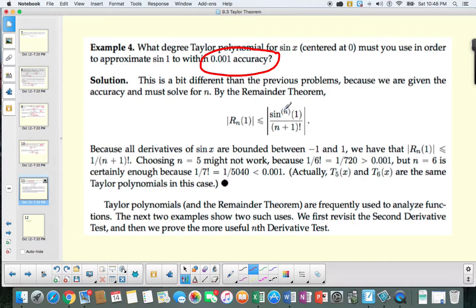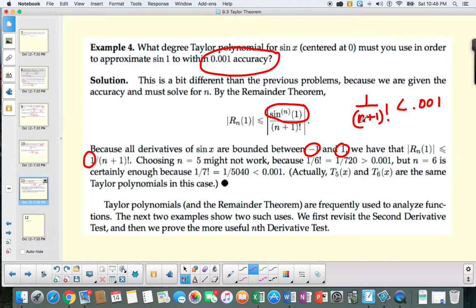So this will be the derivative of sine to the n plus 1 all over n plus 1 factorial. And we know that sine goes between -1 and 1. So we know that the maximum will be 1. So that's why they write 1 over n plus 1 factorial. So this is the term here that we want to be less than 0.001.